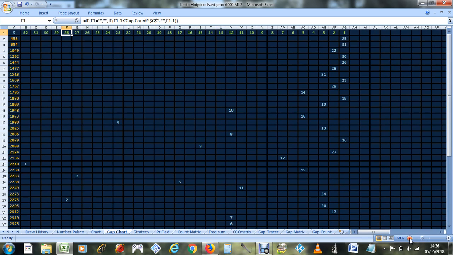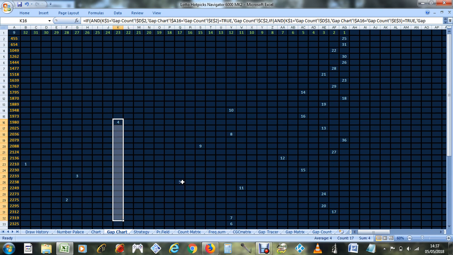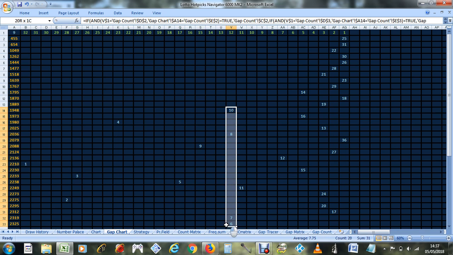So for this number, as you can see, gap of 1, 2, 3, 4, 5, that's what you'd expect. You'd expect to see smaller gaps being more frequent, larger ones being less frequent. And the randomness is due to the fluctuations in how long it is since each gap occurred.